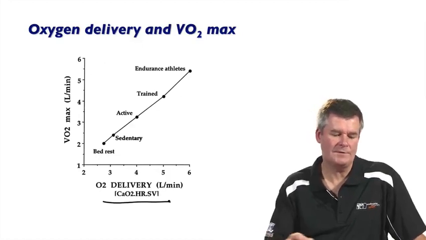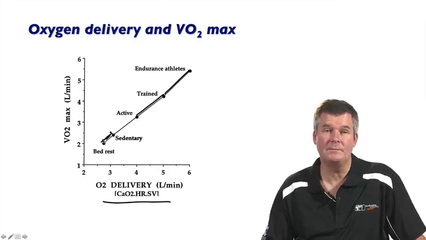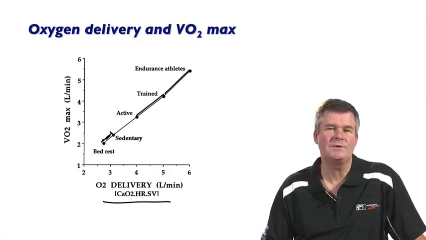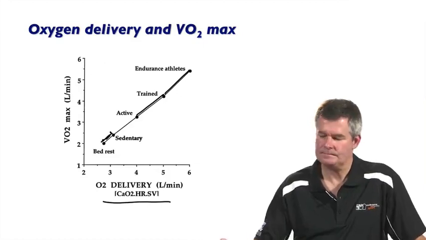And you can see for those various groups that were listed earlier, sedentary, active, trained, and endurance athlete, with an additional group here studied after a period of bed rest or deconditioning, you can see the relationship between VO2 max and oxygen delivery. And it's for this reason that there's been so much attention focused on the ability to deliver oxygen, and particularly the arterial oxygen content of the blood that's being delivered to the contracting muscles. I'll talk about that a little bit later.